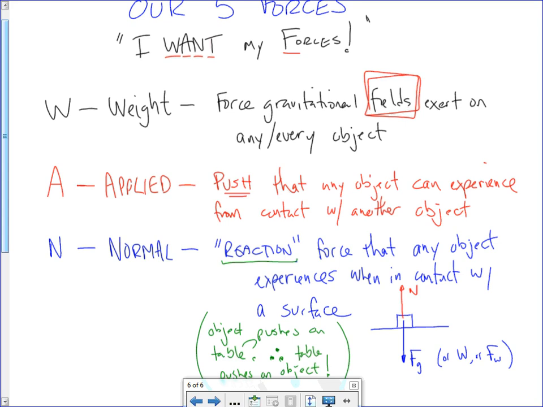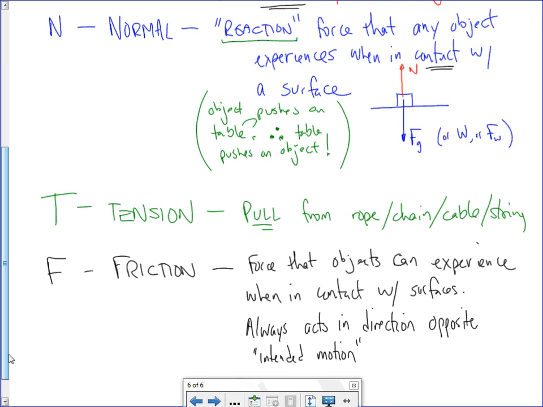And then the other kind is contact. I didn't write it here, but you know the rope's got to be in contact with the object. So there are contact forces and field forces. The contact ones are easy because you can see 2 things touching each other. The field forces can be trickier because you can't see why they happen, but they do.